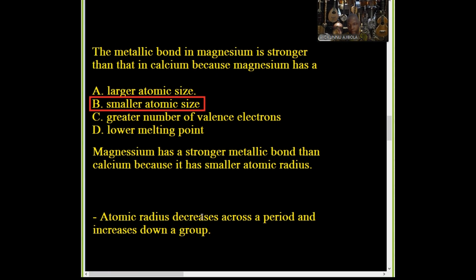Atomic radius decreases across a period and increases down the group. That means calcium has a larger atomic size. Are you hearing that? Yes, sir.